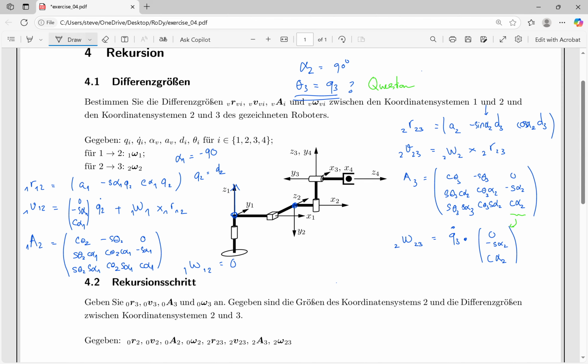That's a mouthful, but the angular velocity of 2 in this case is actually 0. Why? It's a little complicated. Actually, the angular velocity of 2 in 2's frame is not 0. Let me show you why.